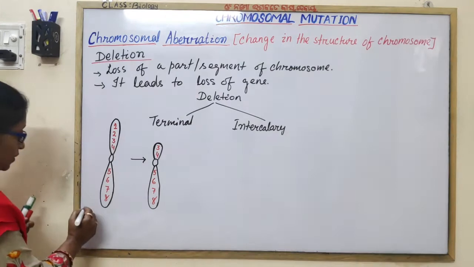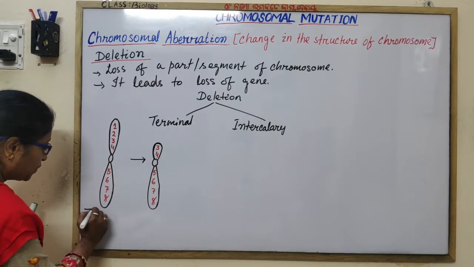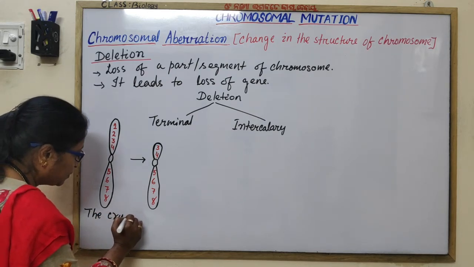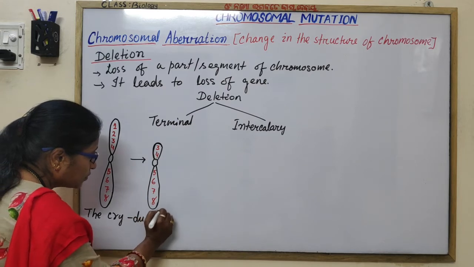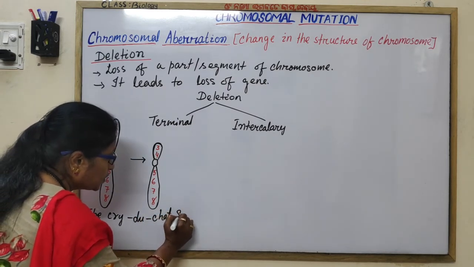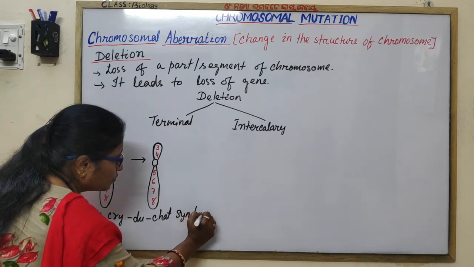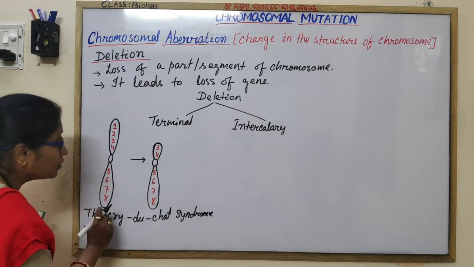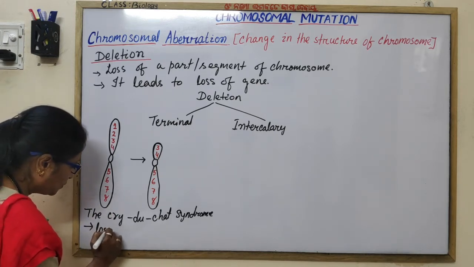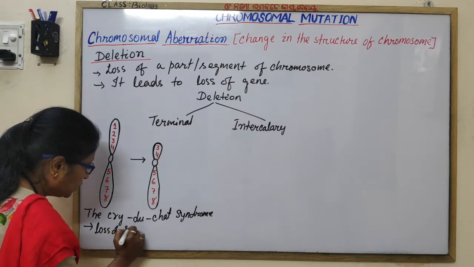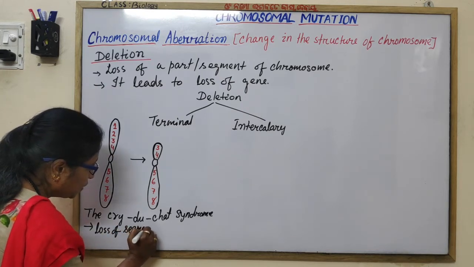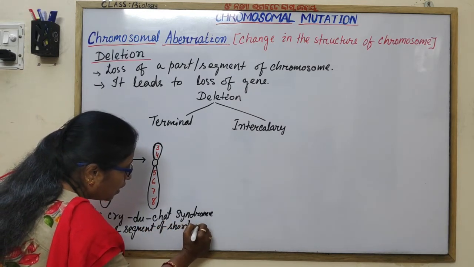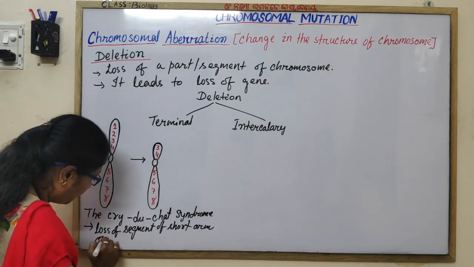And the example is Cri du chat syndrome, due to the loss or deletion of segment of short arm of fifth chromosome.